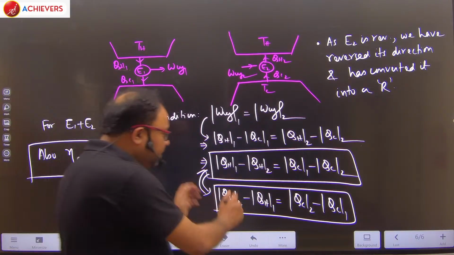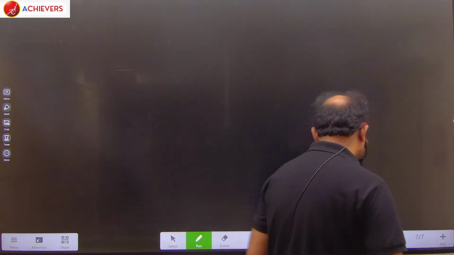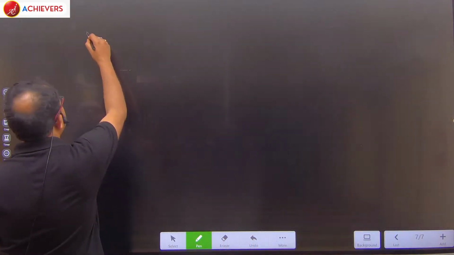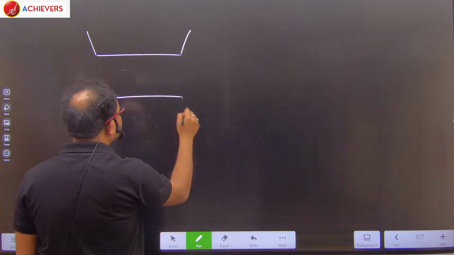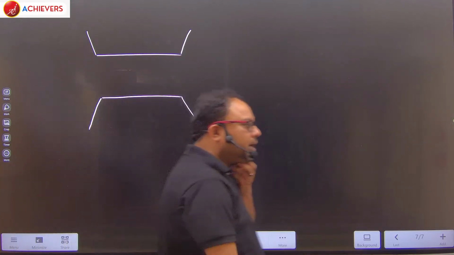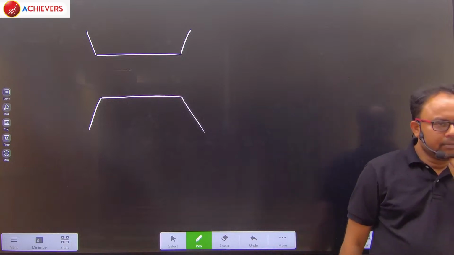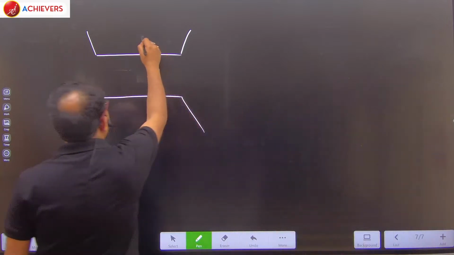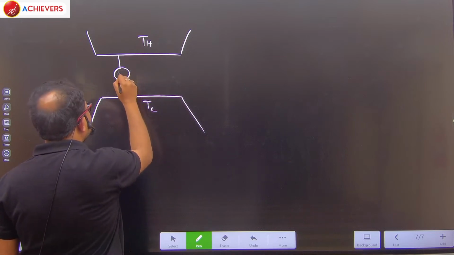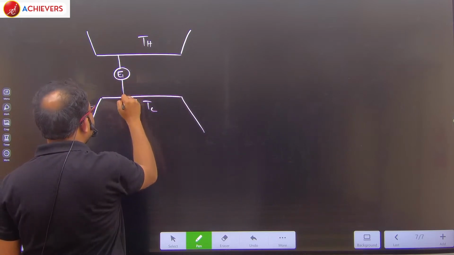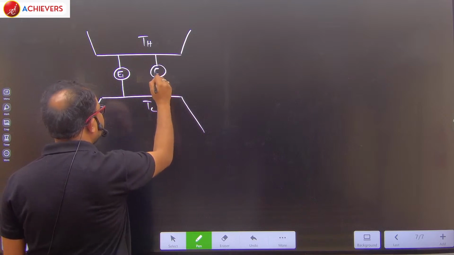Now let us couple things together. So I've got TH, TC over here, E1 over here, E2 over here.